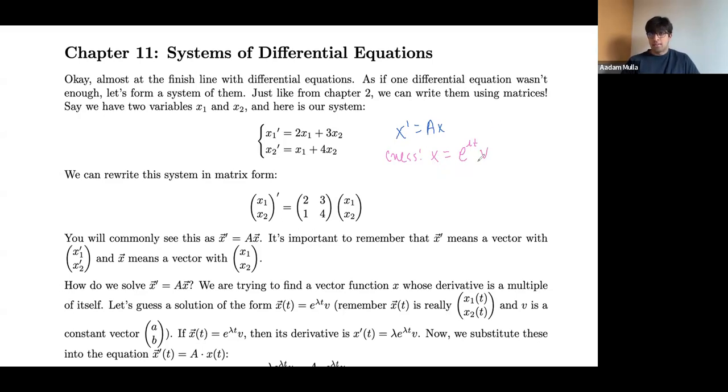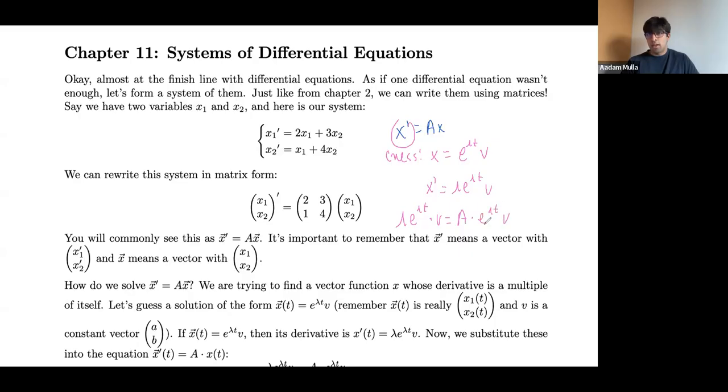So let's guess this solution and plug it in. If x equals e to the lambda t times v, then x prime is going to be lambda e to the lambda t times v, correct? Now let's put this back into the equation. So x prime equals lambda e to the lambda t times v, which equals A times e to the lambda t times v.